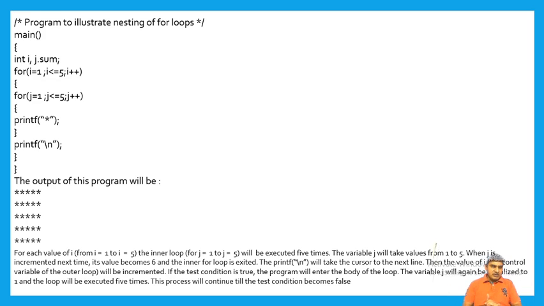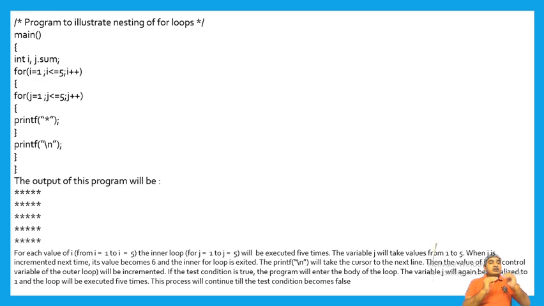Print star, and print the sequence of stars on a new line. If we see the output, first star is displayed, second star, third star, fourth star, five stars are displayed on the screen, because the condition i is less than or equal to 5 is satisfied, and the condition j is less than or equal to 5 is satisfied.